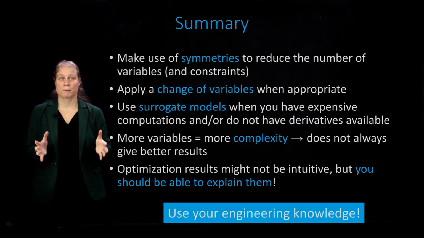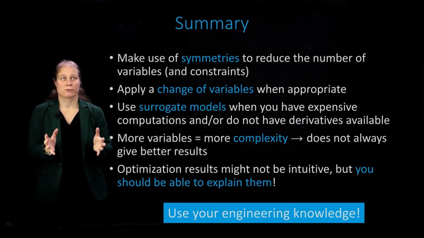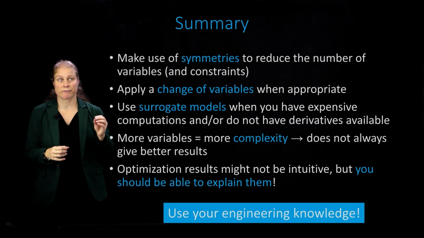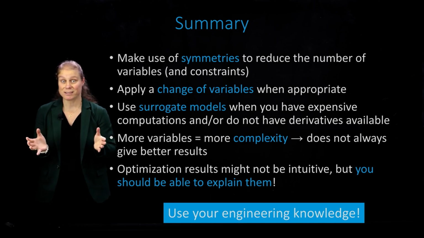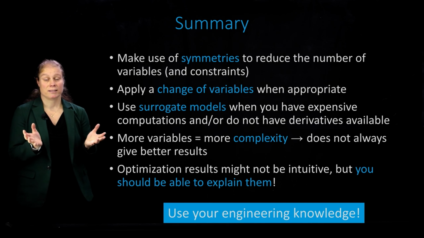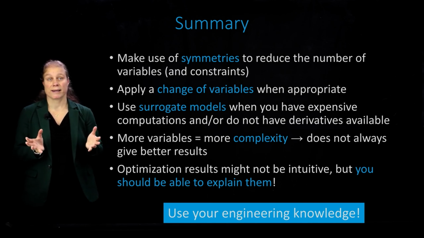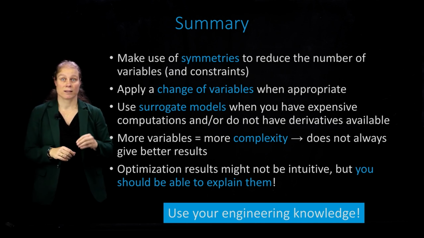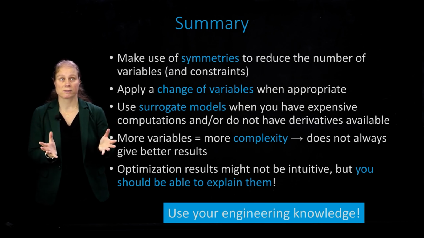Whenever you set up an optimization problem, try to make use of symmetries to reduce your number of variables and your number of constraints. If it is appropriate, you might want to apply a change of variables. Again, that could apply either to your variables or to your constraints.